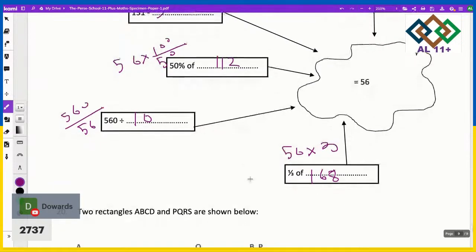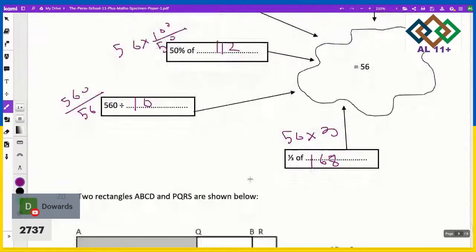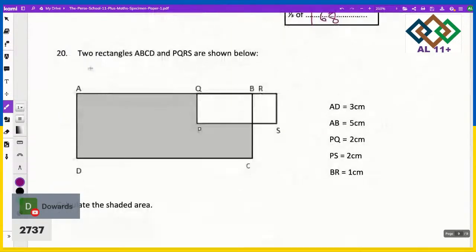That's about angles. So you have two rectangles A, B, C, D, and P, Q, R, S shown below. The best way is always write down what they have given you.